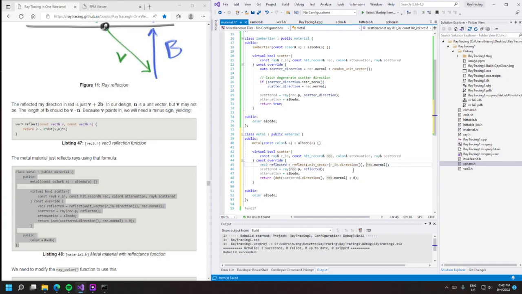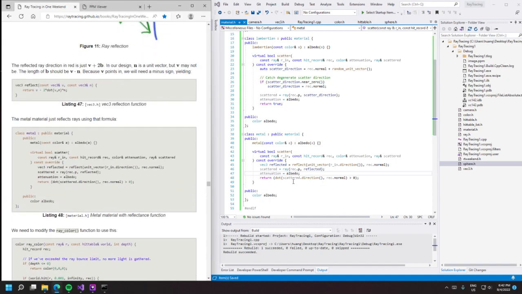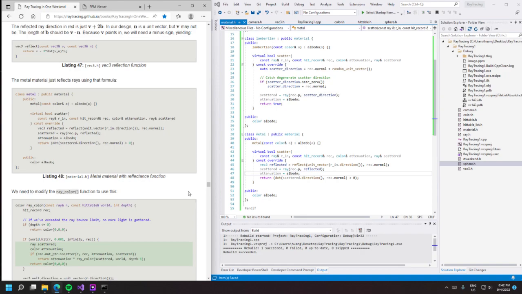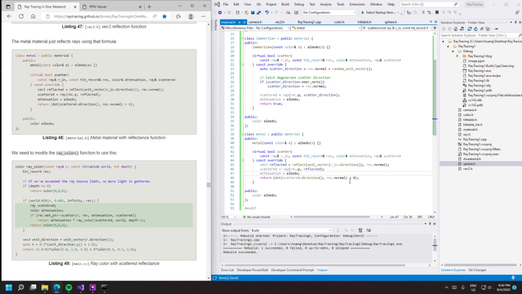We want to reflect it according to the normal vector we have, and I think every other thing is similar. We need to return that it scatters if it's on the side that we're interested in. So if it's larger than 0, on the right side, kind of.